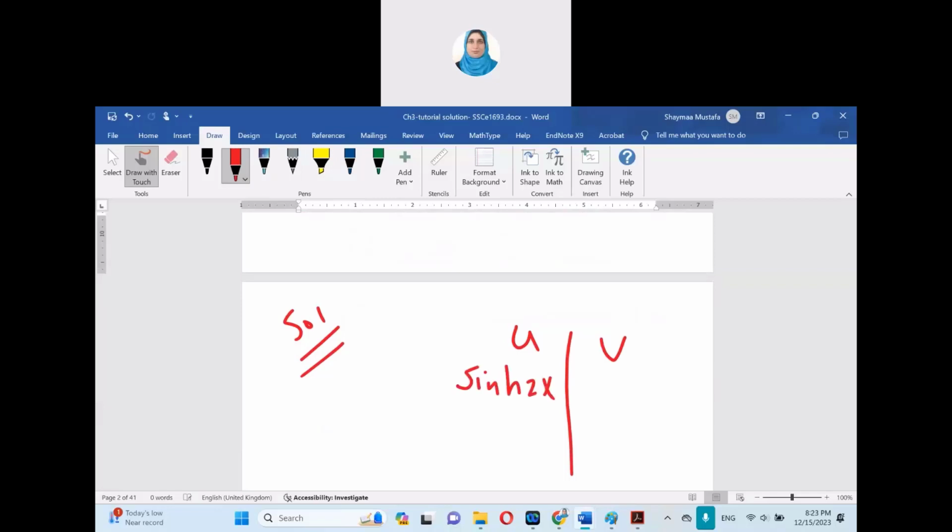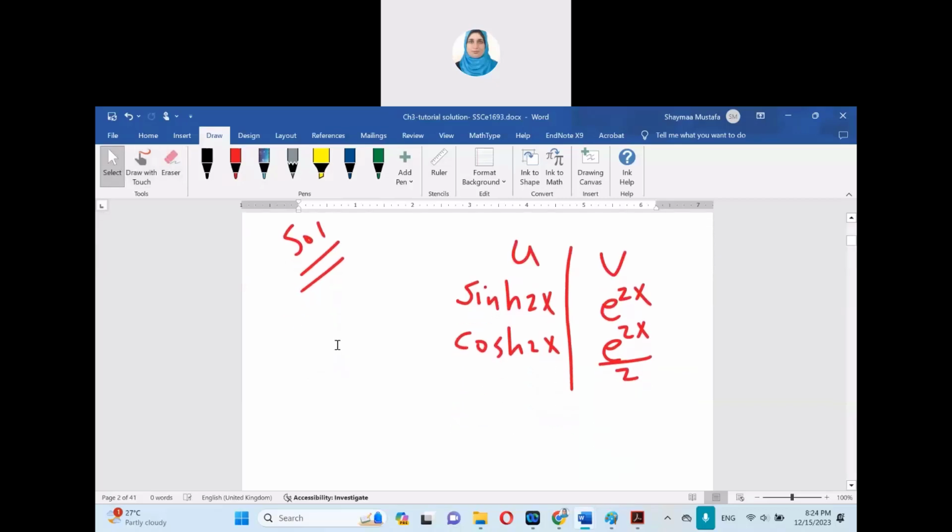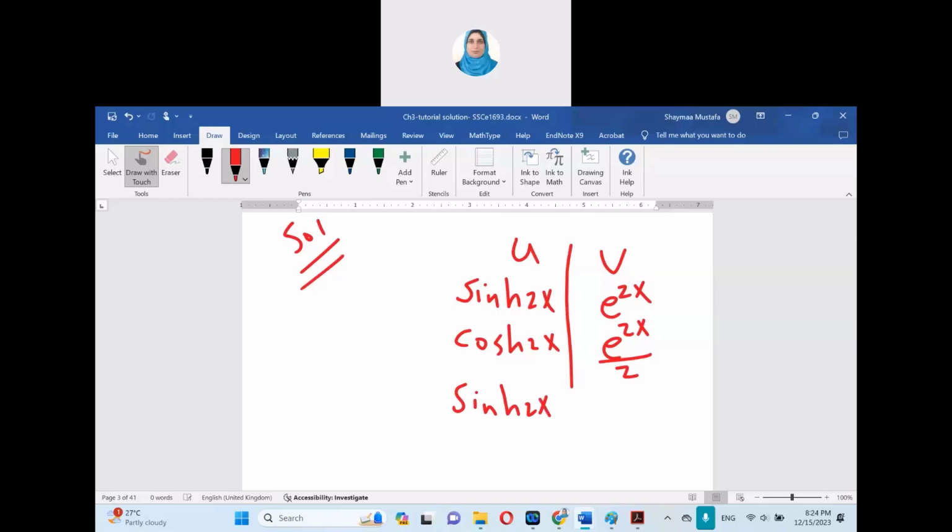Let's try one. e to 2x. The derivative for sinh is cosh. Here the integration is e to 2x over 2. Or the derivative for cosh is sinh 2x. And here e to 2x over 4. So you have sinh 2x again, so you can stop: positive, negative, positive. So you just multiply and find the answer.